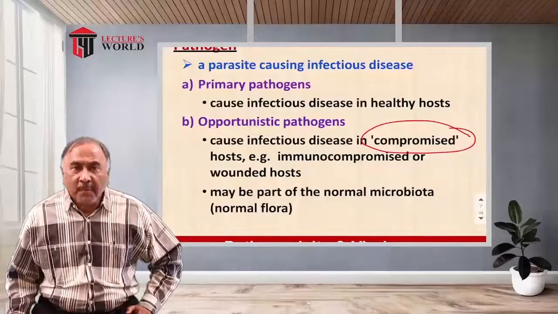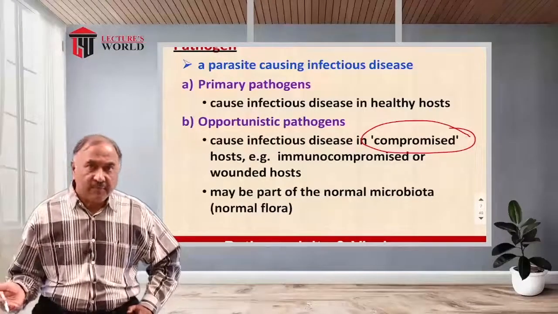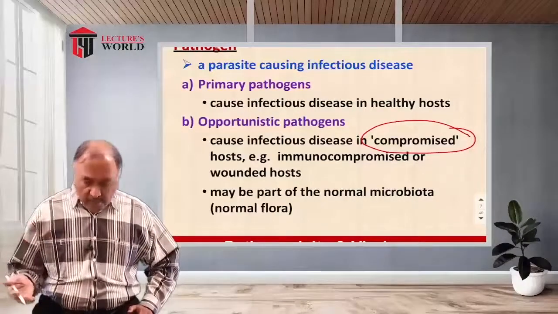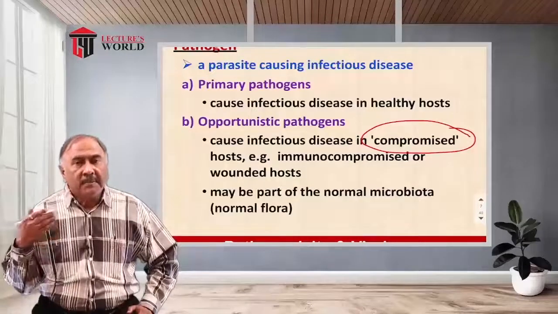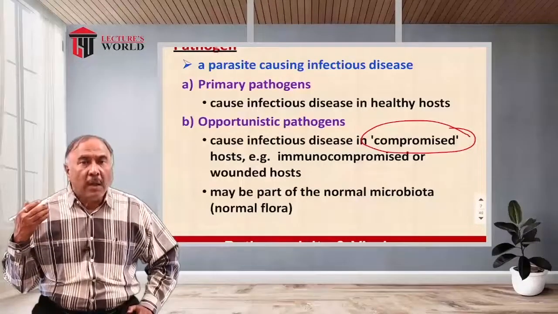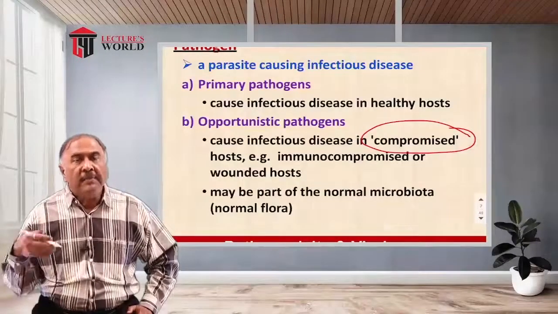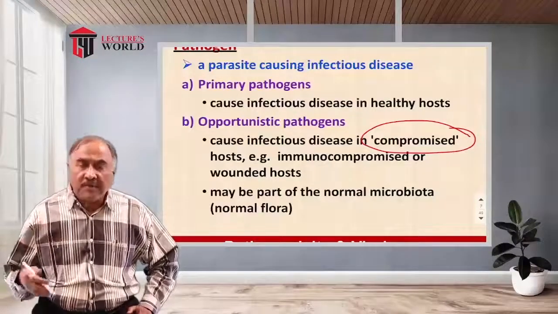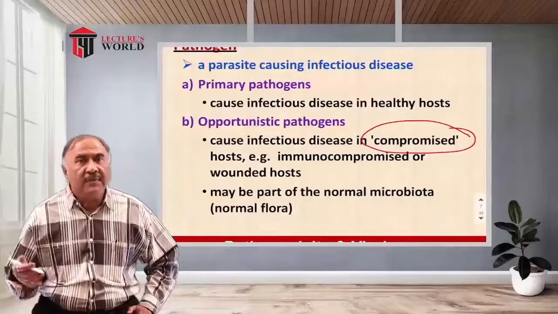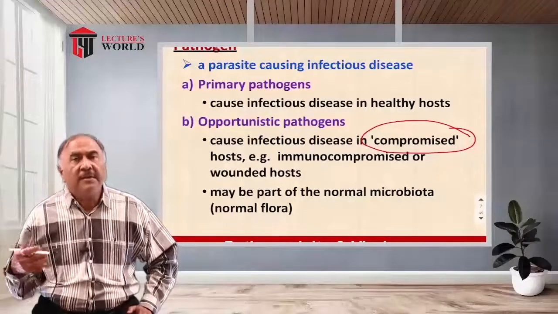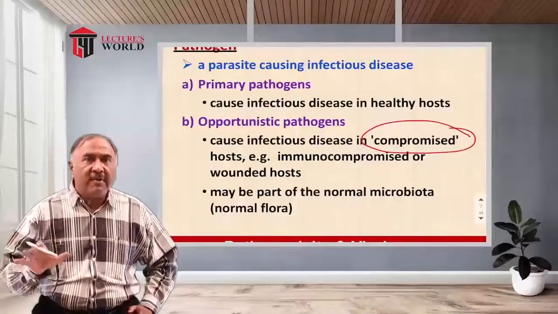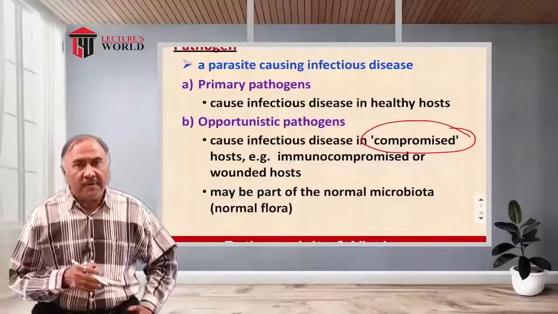He is compromised in some sense. First, he may be immunocompromised. The person may be wounded. He might be a burn patient. He has lost the first line of defense, that is the skin, and he is prone to infection from the environment by many different microorganisms.